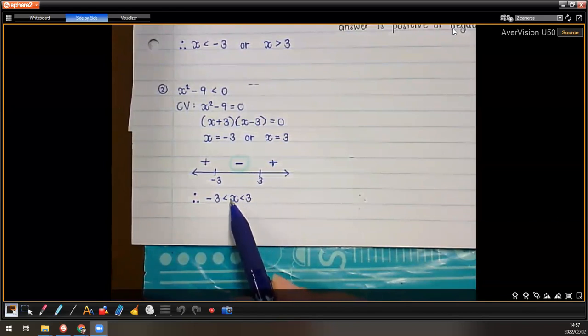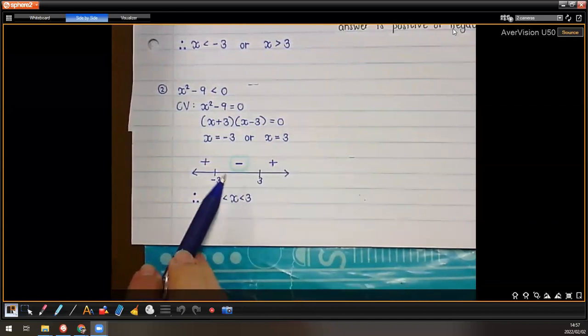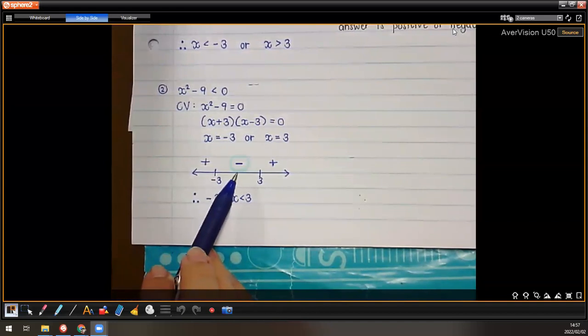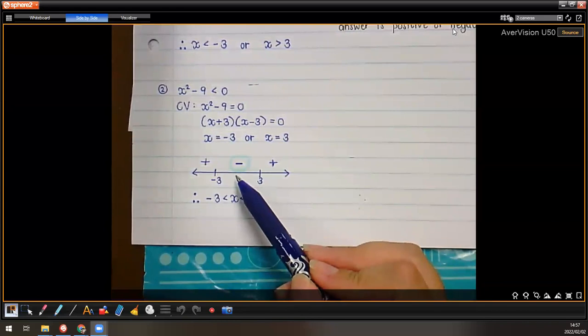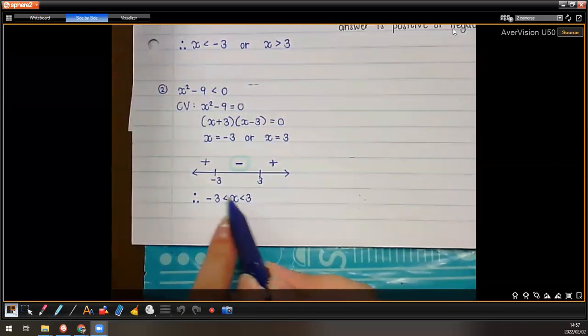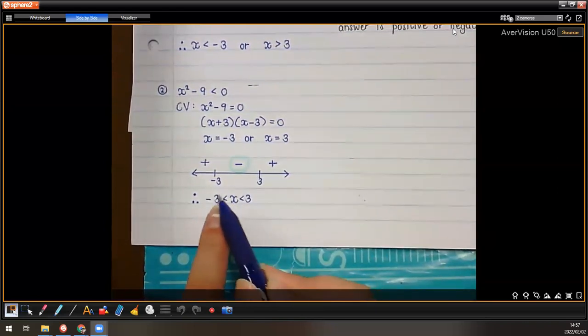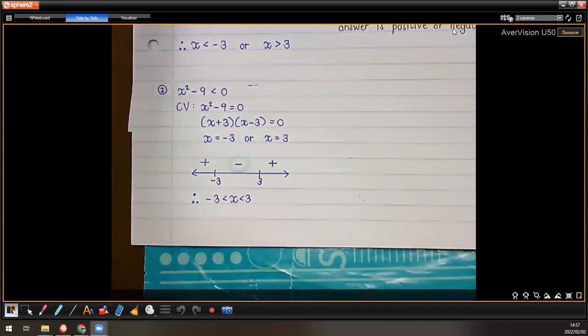You need to be able to read it from the inside going out, and it has to make sense. Do we agree that these numbers are bigger than -3, but at the same time, they are smaller than +3? So your answer needs to also read that x is bigger than -3, but smaller than 3. Okay, and that is then your answer.